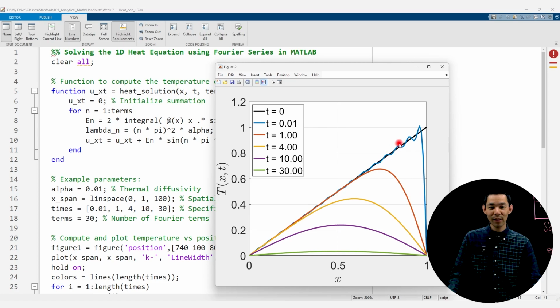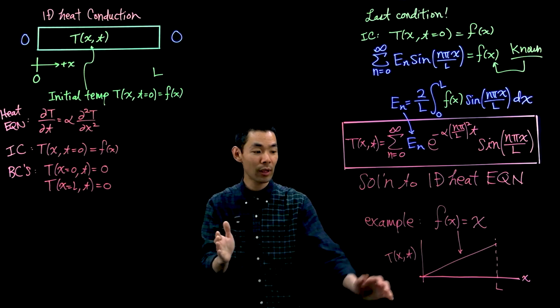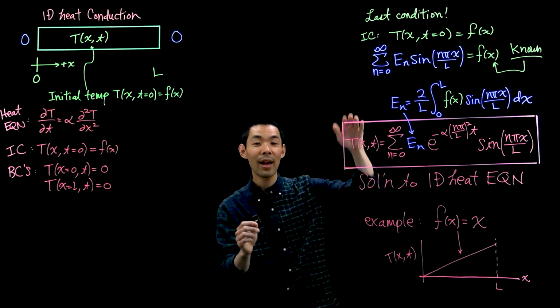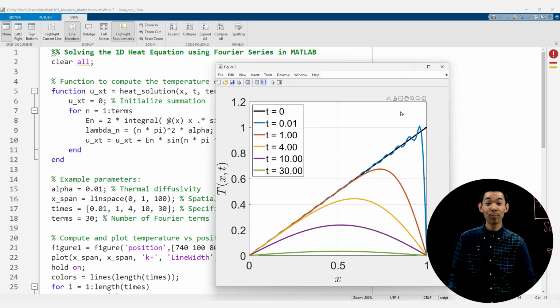The black line you see back there that you can barely see because it's buried under all the other curves is the initial condition. You can see this black line is f of x is equal to x, the linear ramping function where we said that initially on the left-hand side it's cold, it gets warmer and warmer as you reach the right-hand boundary. That's exactly represented here in this black line going from 0 all the way out to the boundary value.